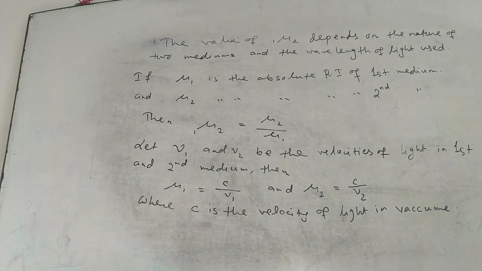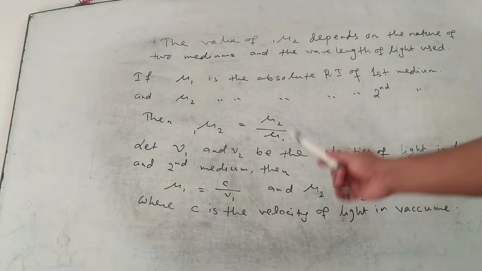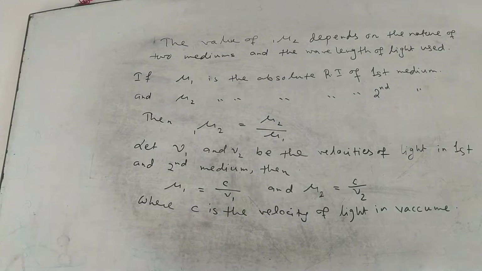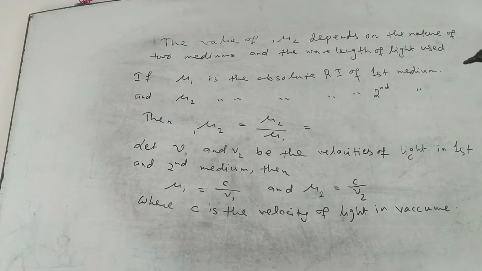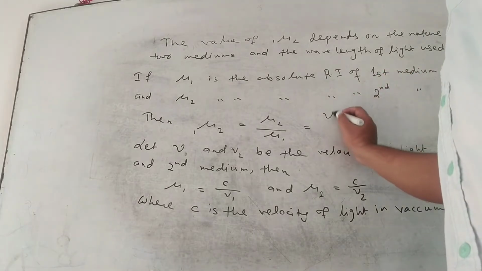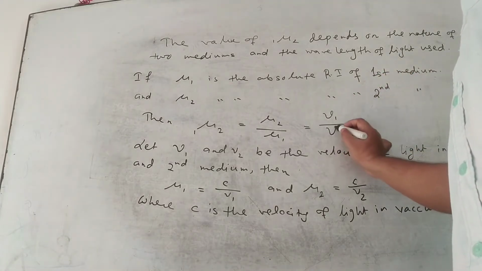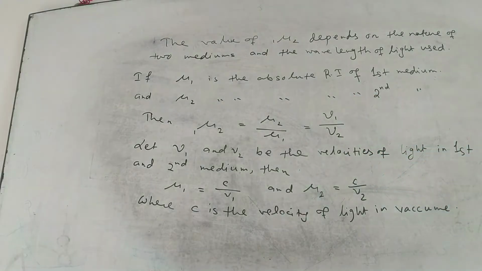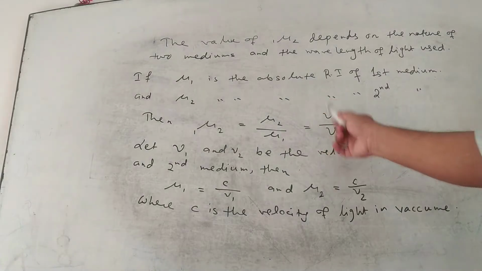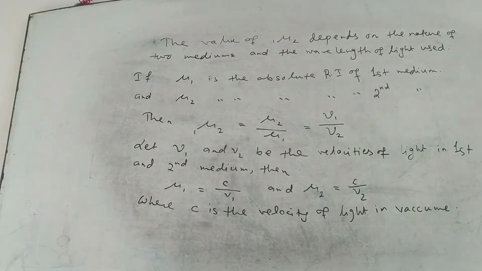From these two relations we can write that 1μ2, that is the refractive index of the second medium with respect to the first medium, is equal to the velocity of light in the first medium divided by the velocity of light in the second medium. That is, the refractive index of a medium is inversely proportional to the velocity of light in that medium.